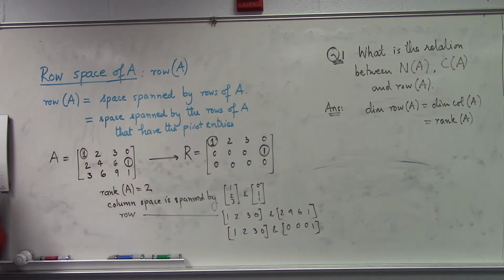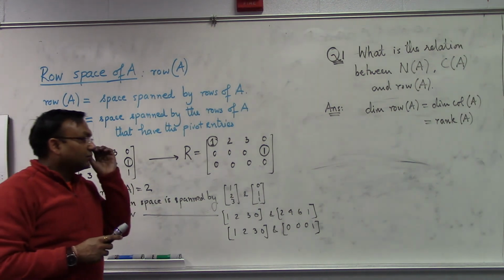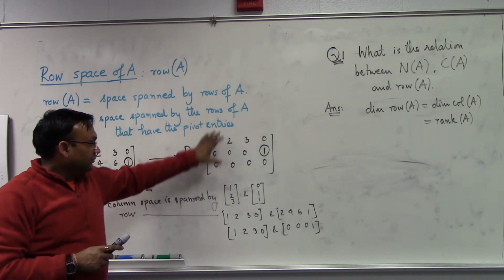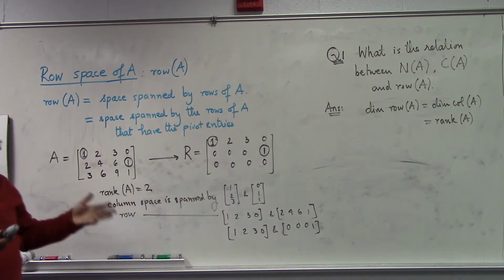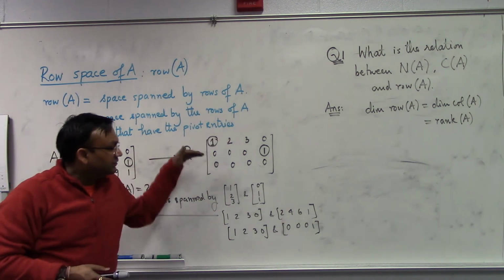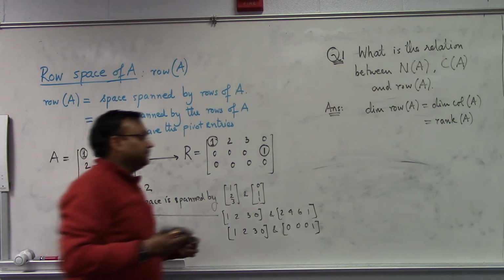However, don't expect that the row space and the column space would be the same thing, because it's kind of obvious. Out here the columns live in R3, so whatever they span will be living in R3. Rows live in R4, so whatever they span will be living in a totally different space, R4. So of course the row and column space need not be the same.